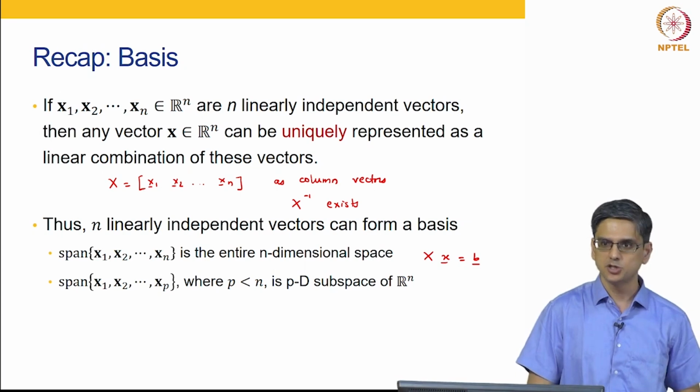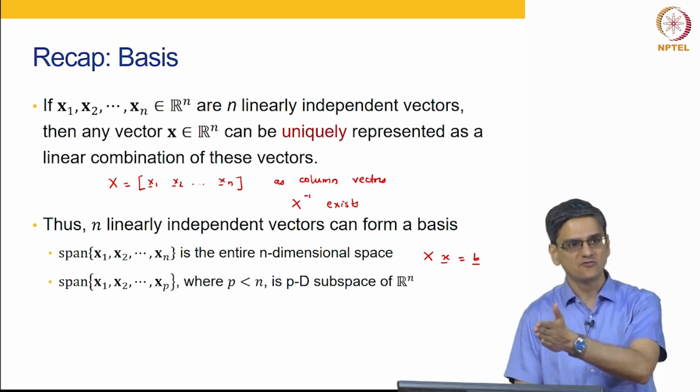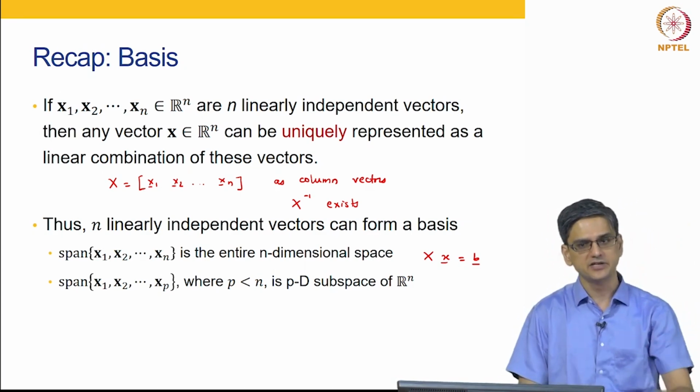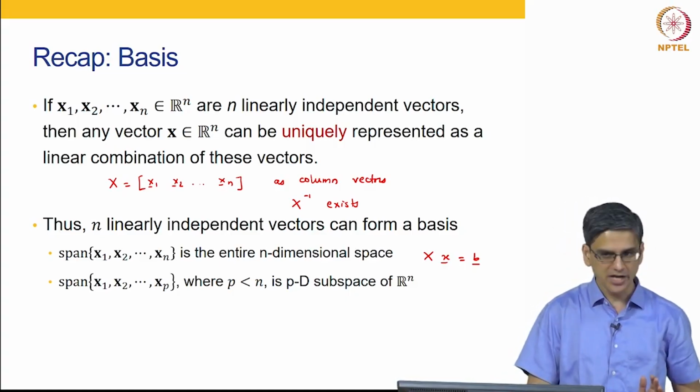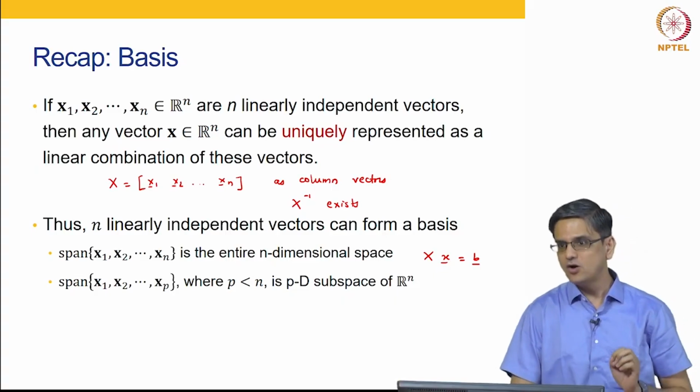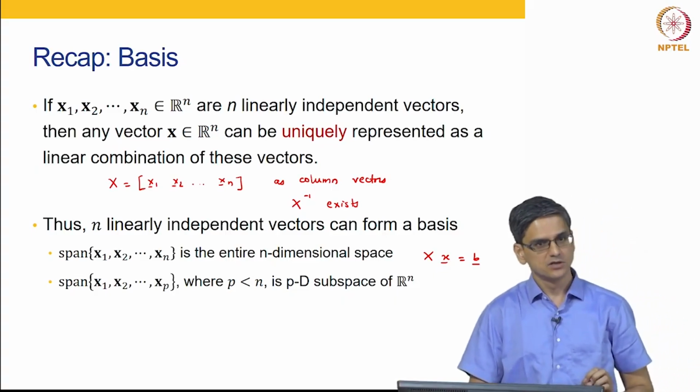When does a unique solution exist? When those column vectors are linearly independent, okay, which basically also means this, okay.